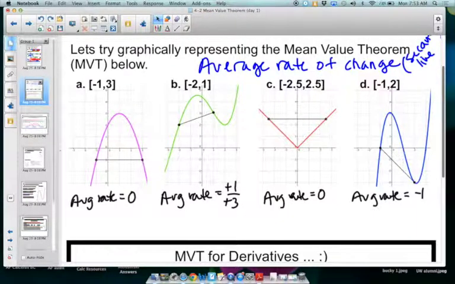So really quickly at your tables, can you draw a tangent line that has that same slope somewhere between those 2 points, somewhere in this interval for each one?